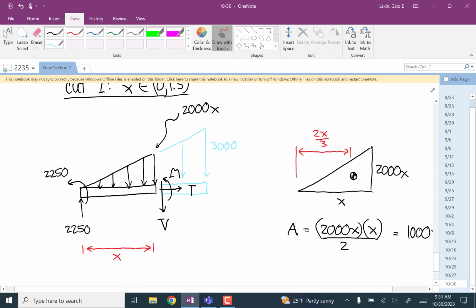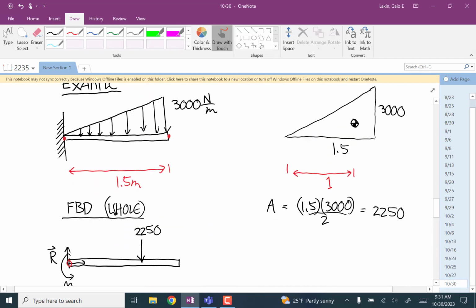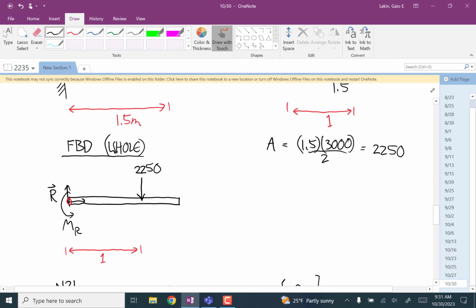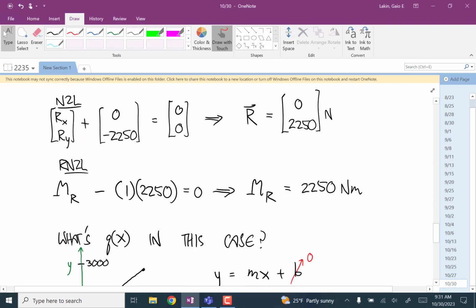Notice everything would have been different if we had done this whole problem calculating internal loads based on that first substitution of the distributed load with the point force. We'd get the wrong answer there. Each time you draw a new free body diagram, you have to do a new determination of what is the point force that represents that distributed load. Okay?